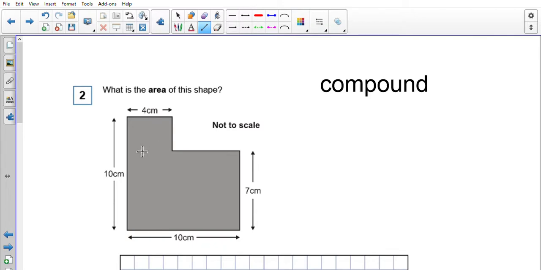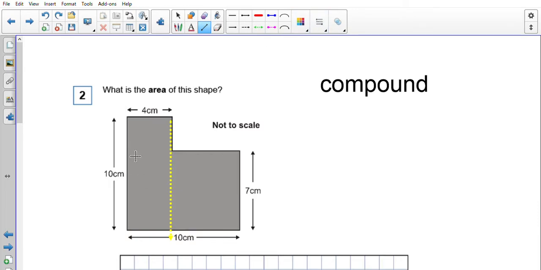So the way that you can do this is you either split it that way and work it out as this rectangle and then this rectangle up here. Failing that, you split it the other way and you work it out as a rectangle down here and then this rectangle here. It really doesn't matter which way around you do it. I'm going to leave it like this though, and we're just going to have to use a little bit of reasoning here to work this through.